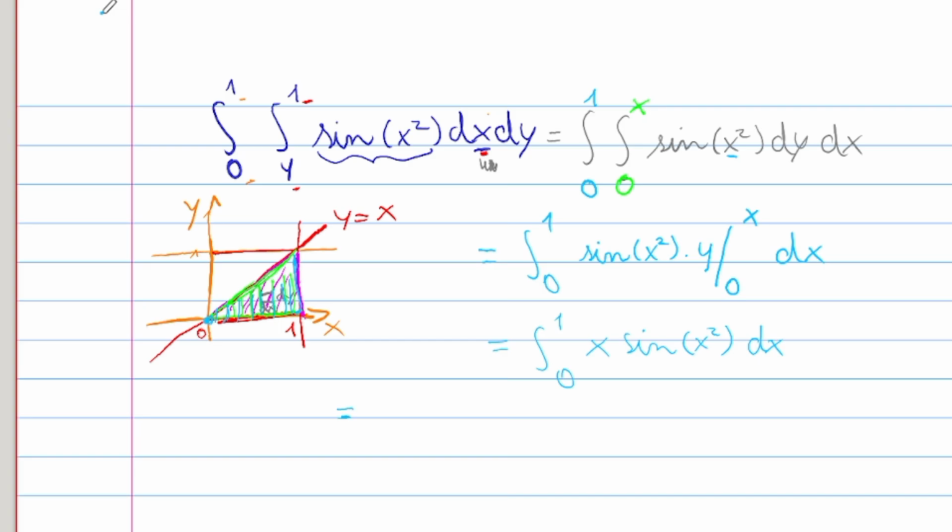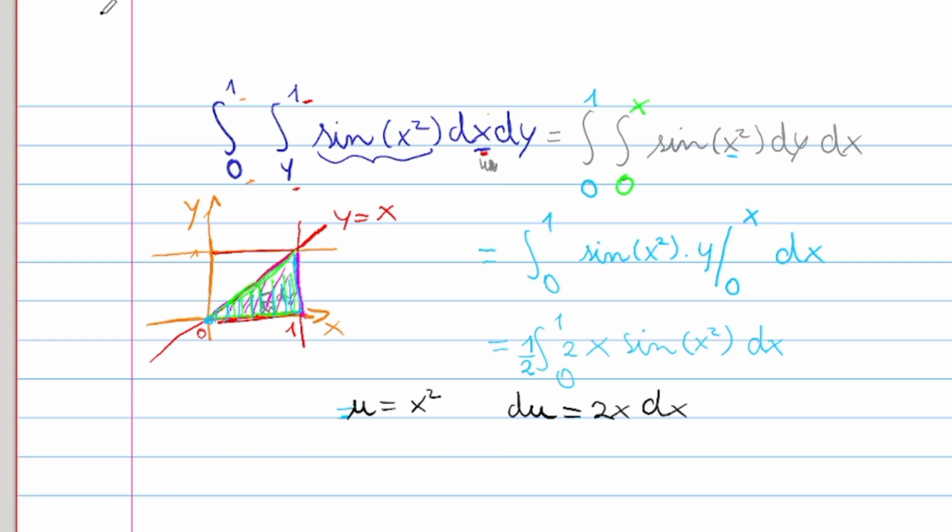We see something really cool here. I can let u equal x squared, and then we get du equals 2x dx. There is the x, and the 2x is here.